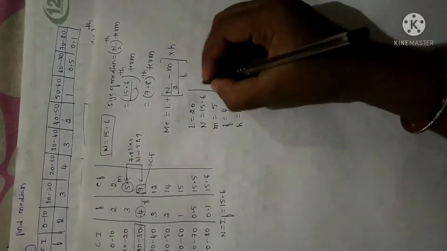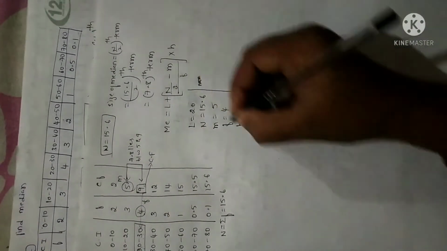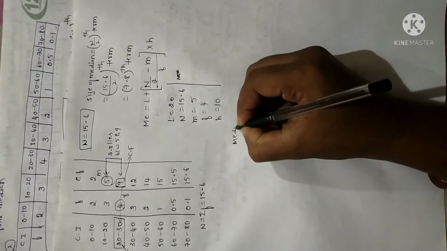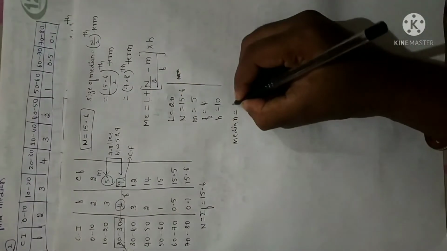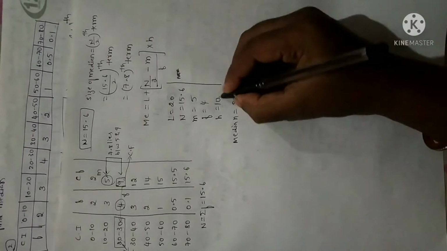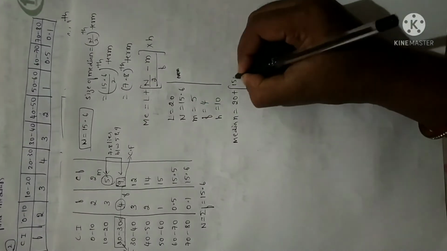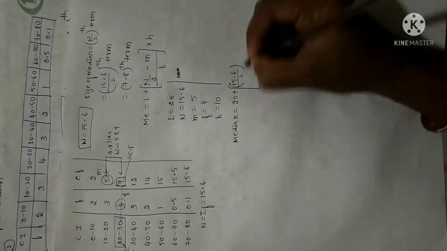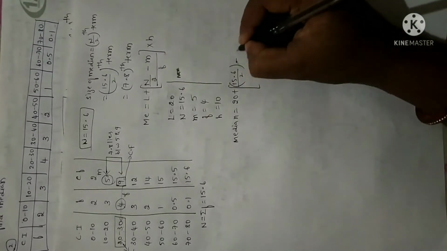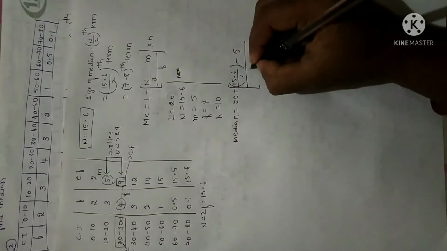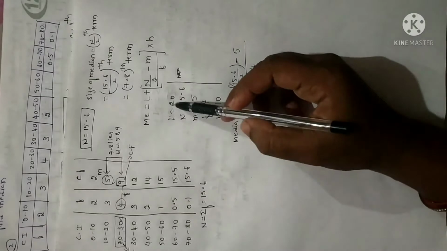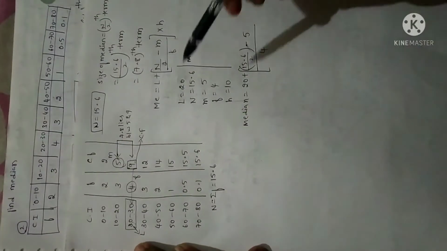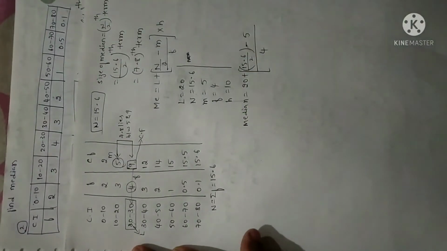Now let me substitute to find the median value. Median is equal to L is 20 plus N by 2, N is 15.6 divided by 2, minus small m value 5, divided by F is 4. So everything depends on the listing of these elements, so make sure that these are listed correctly.